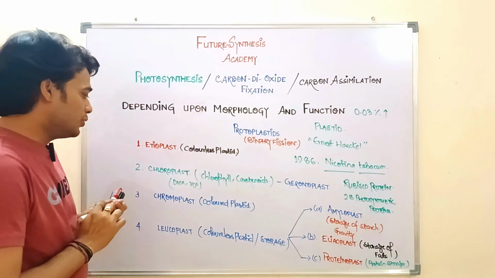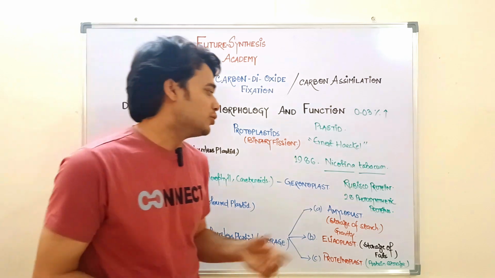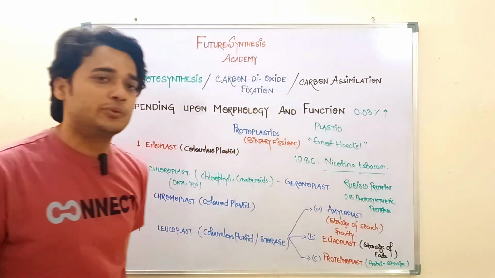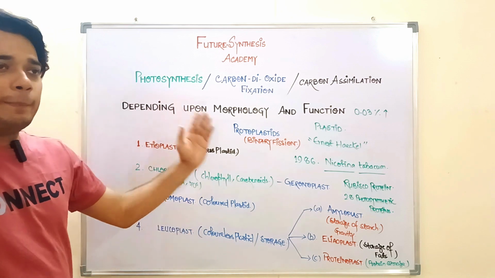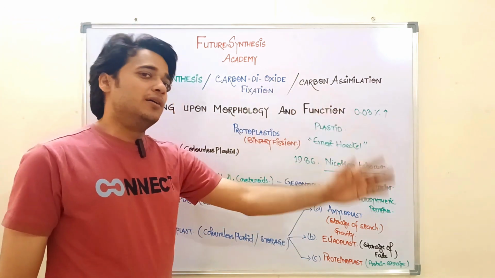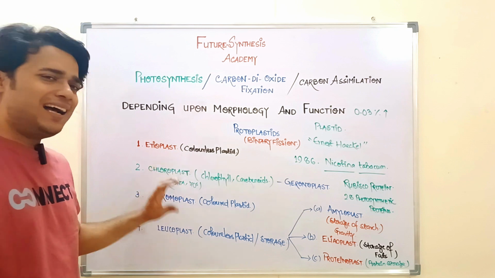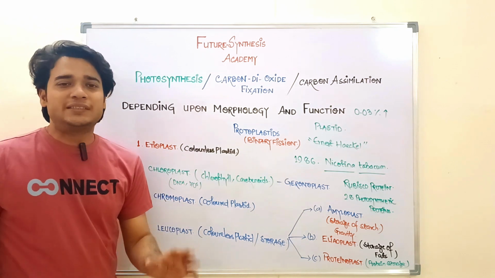The rest of the proteins are made by the nucleus, but the chloroplast has some kind of self autonomy.